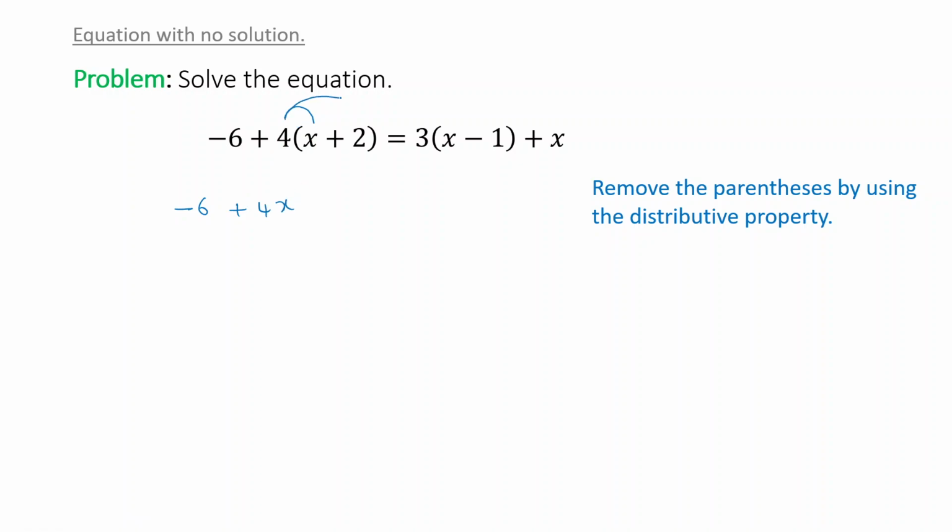Now you multiply this and this. Positive 4, positive 2. If you multiply, you will get a positive number. 4 times 2, 8. That is equal to, now multiply this and this, 3x. Now multiply this and this, positive 3, negative 1.